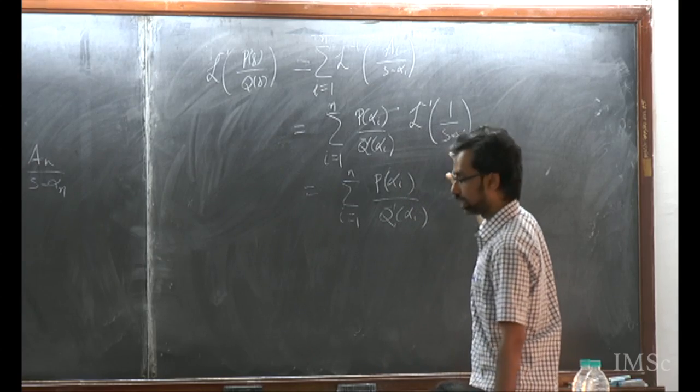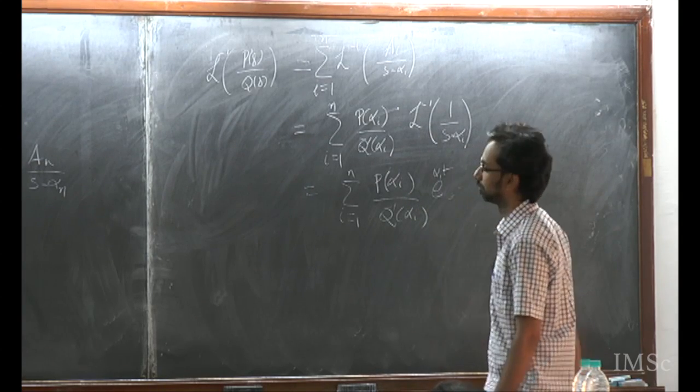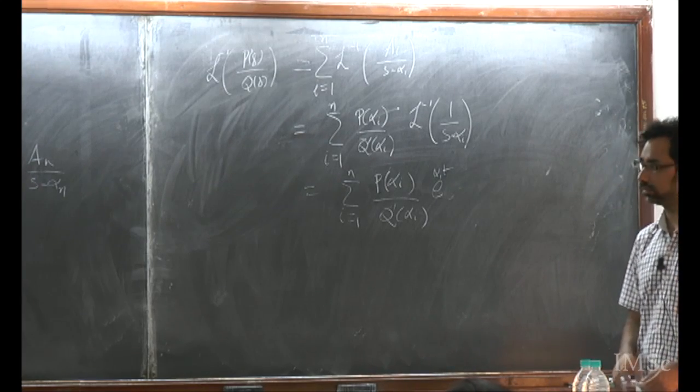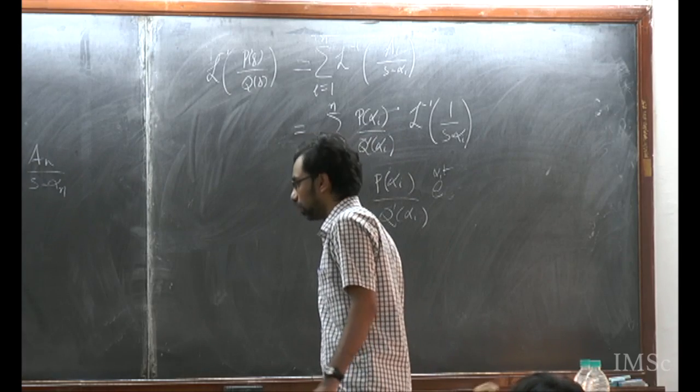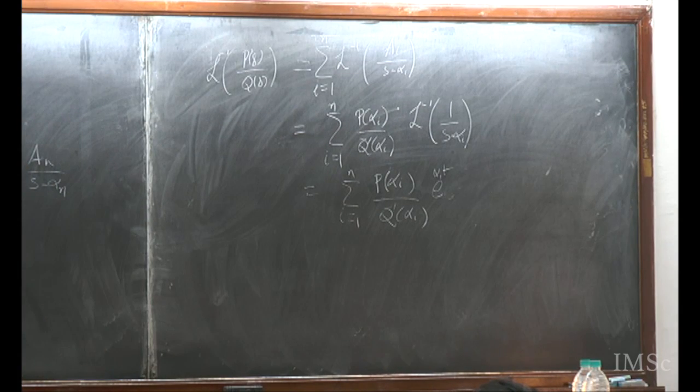And what is this? e to the alpha i t, which is what we wanted. It's not very difficult, but it is a useful formula whenever you have a rational function in s. Very good.